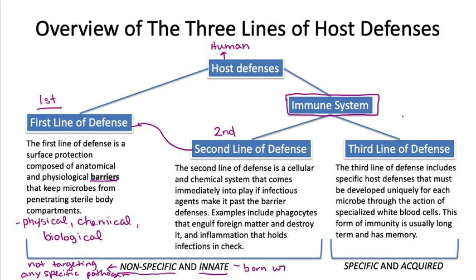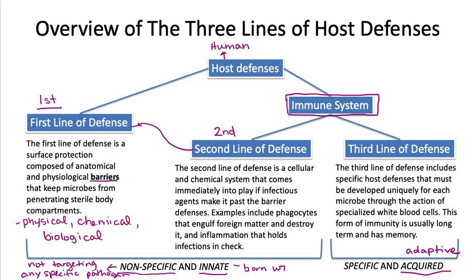The third line of host defense will be that specific defense. And so the third line of defense is an immune response, but it's an immune response that becomes developed after we are born. And so it is acquired. We'll also see that being called adaptive. It's an adaptive or acquired immune response.